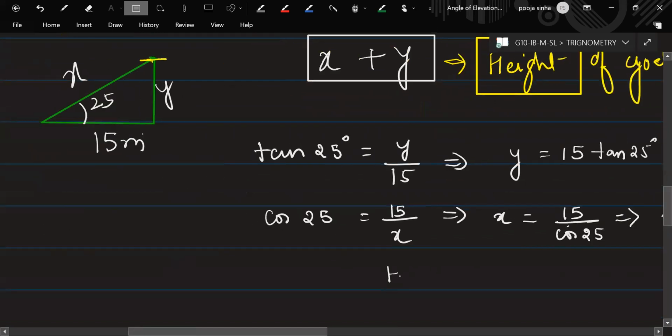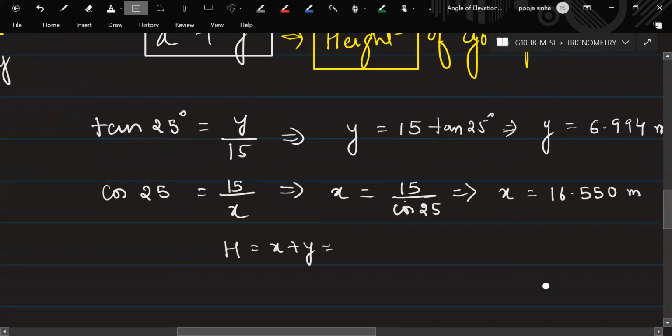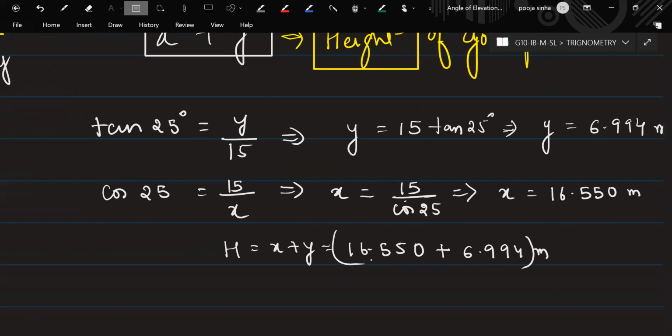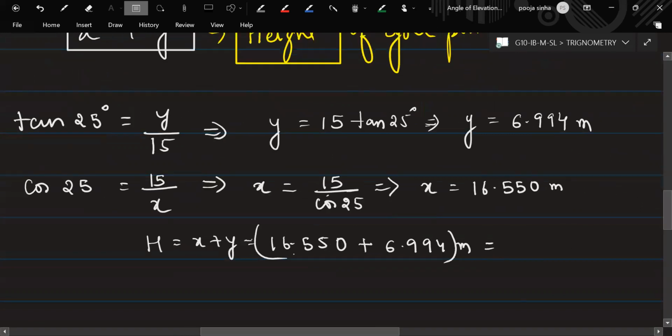Now total height is equal to x plus y, which is how much? 16.550 plus 6.994 meters, correct? You're getting 23.544 meters.